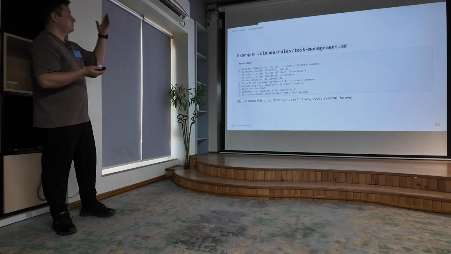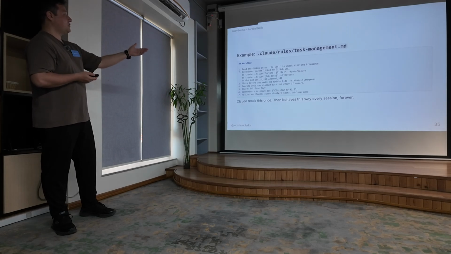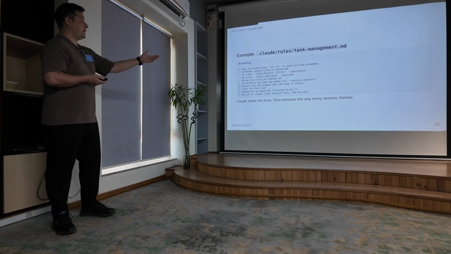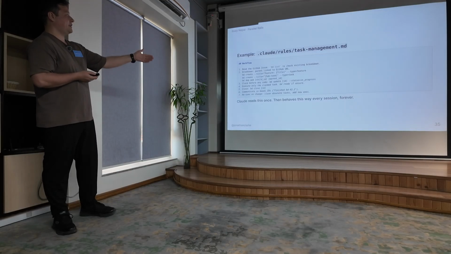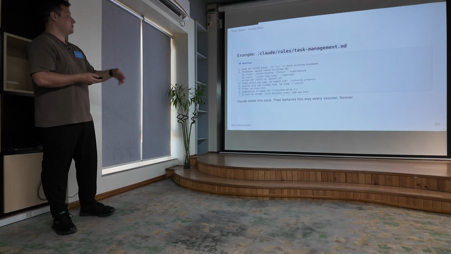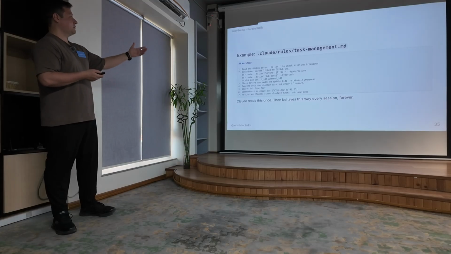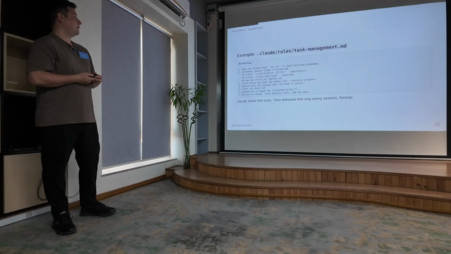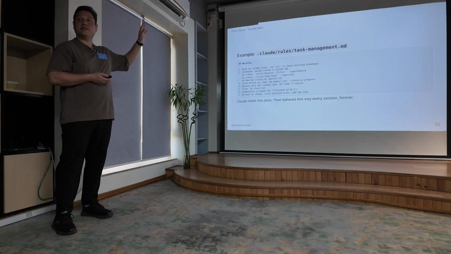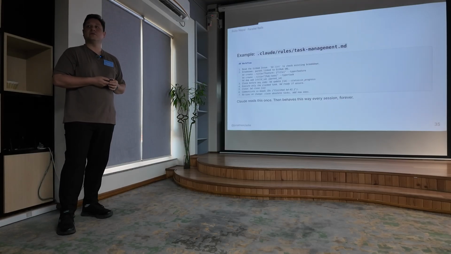Here's an example, my task management system. Read the issue, break it down, get it from the GitHub URL, create the task, create the subtasks based off of that issue, add the child, add the parent, claim it before you write any code, okay? This is stuff that happens in the background when you're using agents.